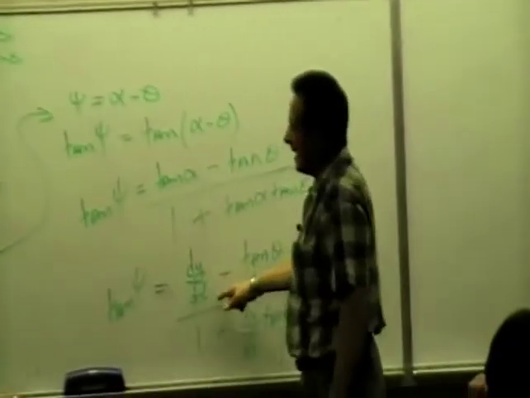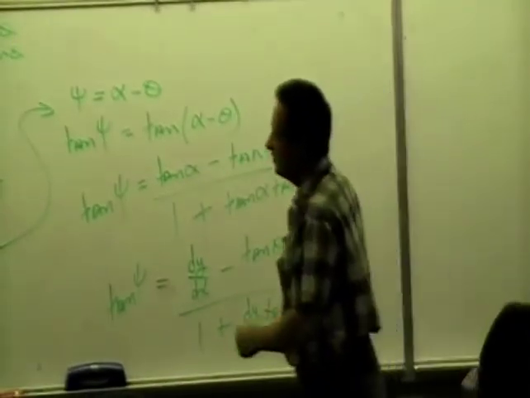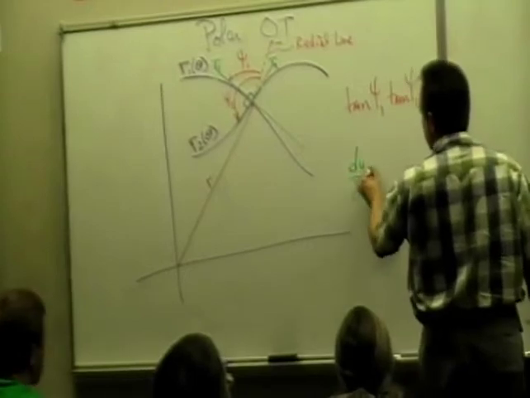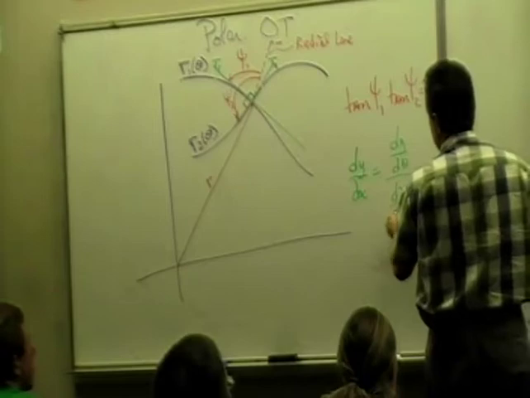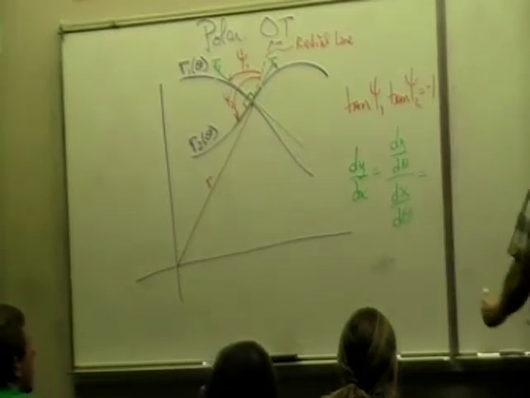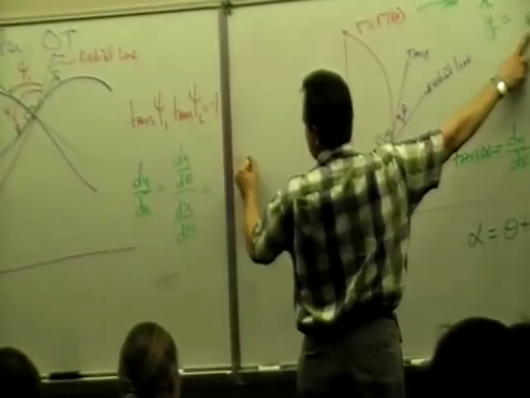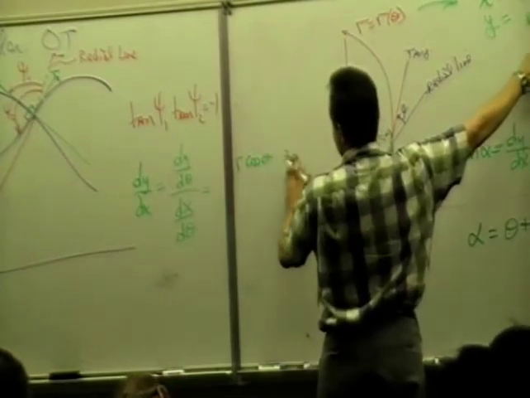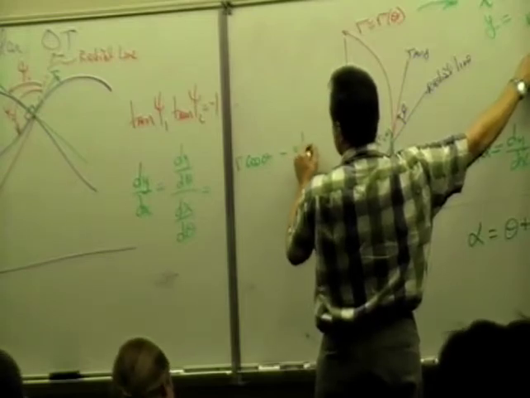So let's find what dy/dx is. I did that for the other example. Let me go off to the side here. What was dy/dx equal to? Well, that was equal to dy/d theta over the derivative of x with respect to theta. And what was the derivative of y with respect to theta? Using the product rule, you'll have r cosine theta plus... no, that's not right.